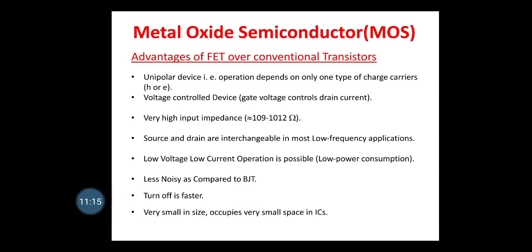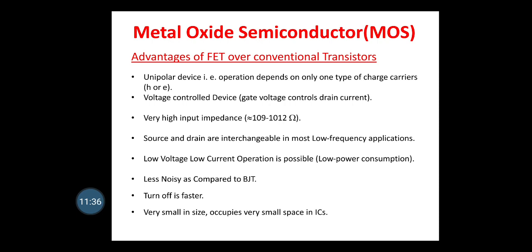Now these are the advantages of metal oxide semiconductors. Advantages of FET MOS over conventional BJTs. The first thing is FET is a unipolar device, that is, operation depends on only one type of charge carrier. It is also called a voltage controlled device.